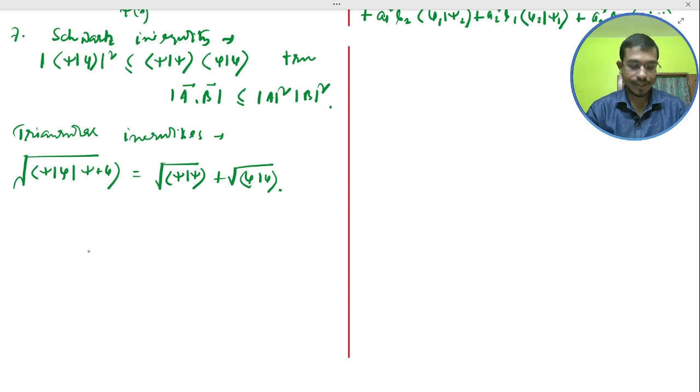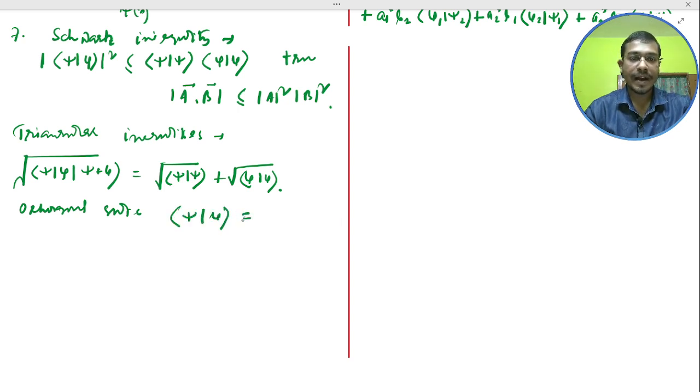Next, the orthogonal state. Orthogonal state is basically when the psi phi inner product should be 0. Okay. Next, orthonormal state. This is orthogonal, and another one, the orthonormal.